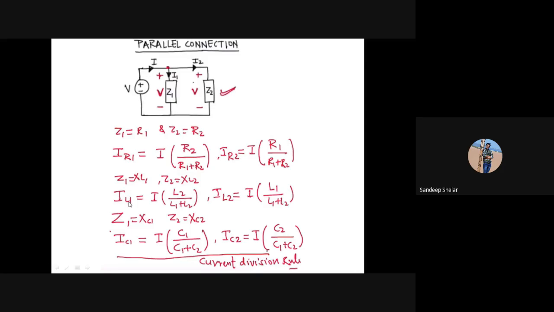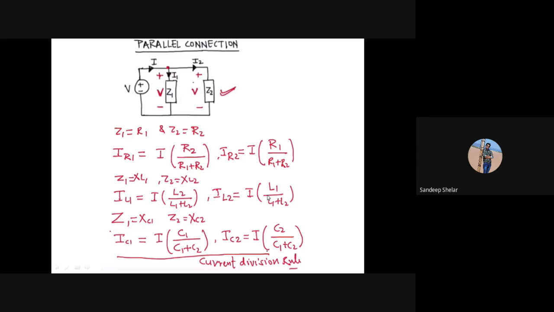We have considered IL1 is equal to I into bracket L2 upon L1 plus L2. Now again find out the current flowing through impedance L2, IL2, is equal to I into bracket L1 upon L1 plus L2. This is the current flowing through inductance L1 and L2. Okay.